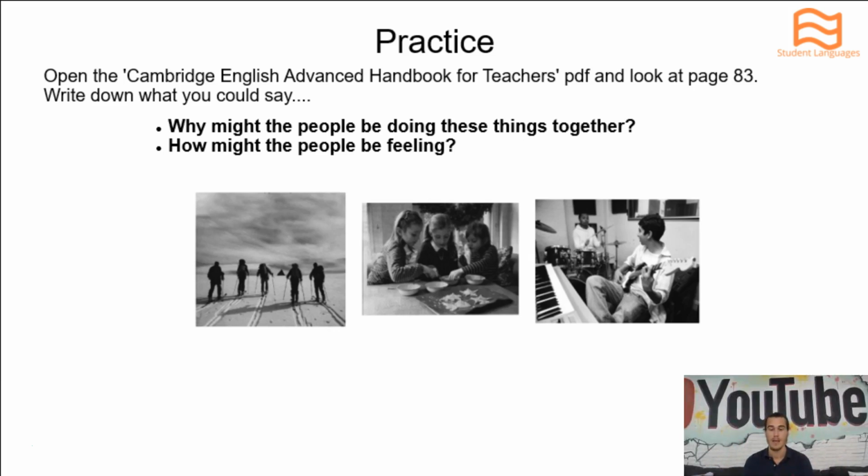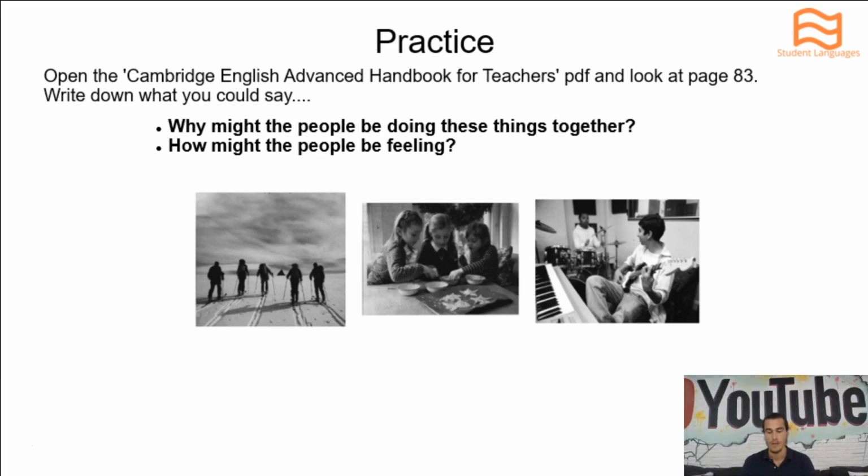So, if you look at the Cambridge English Advanced Handbook for Teachers PDF again, which I showed you a bit earlier, and look at page 83, you'll see 3 photographs which look like this. What I want you to do is to look at the 2 questions above these photographs and to write down what you could say with regards to these questions.